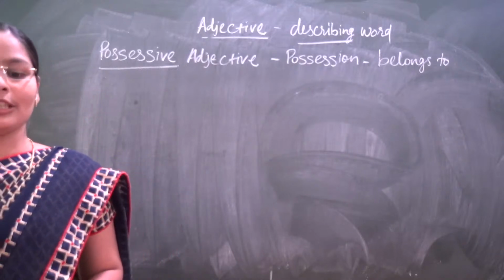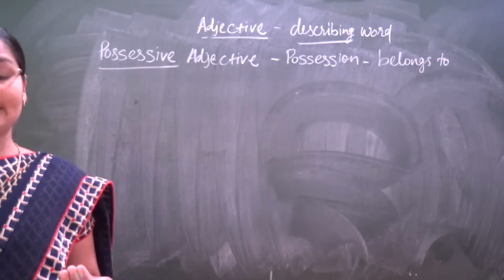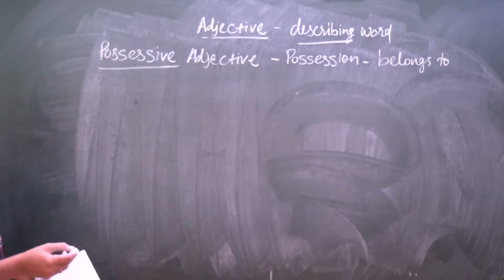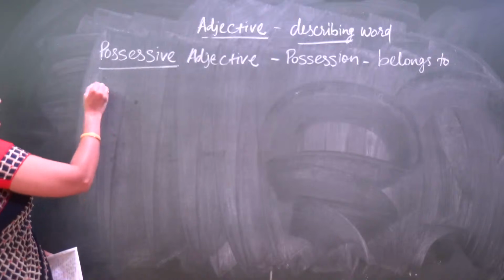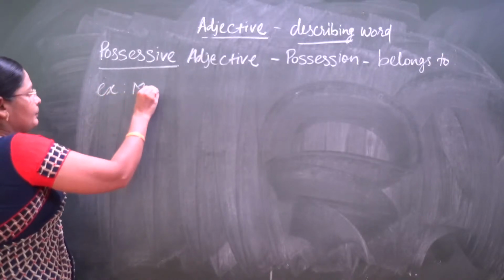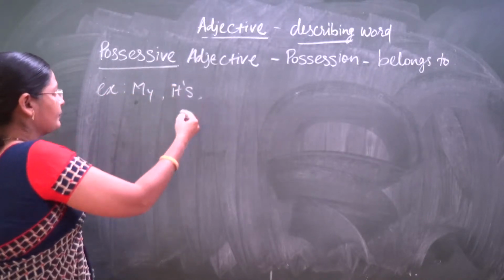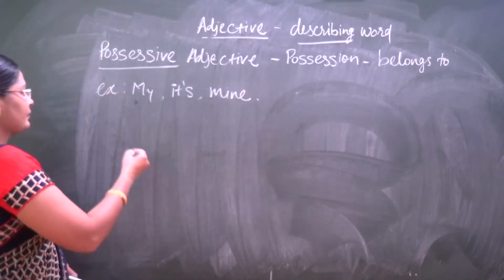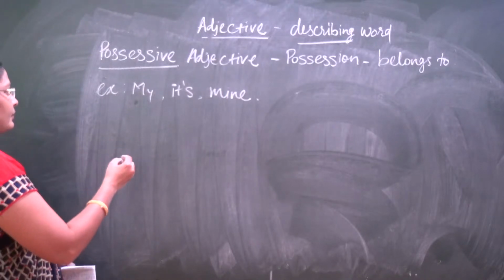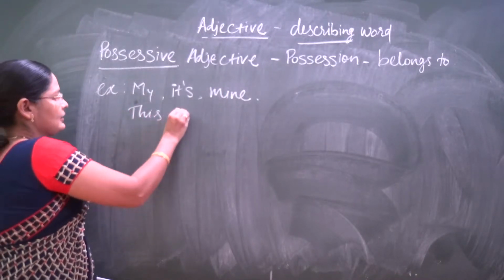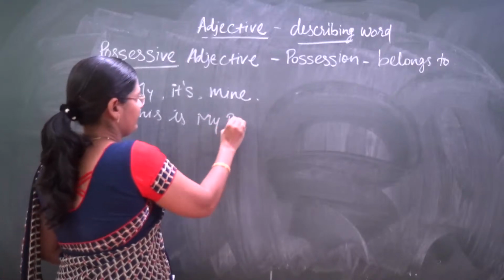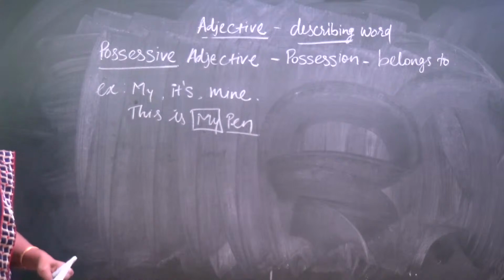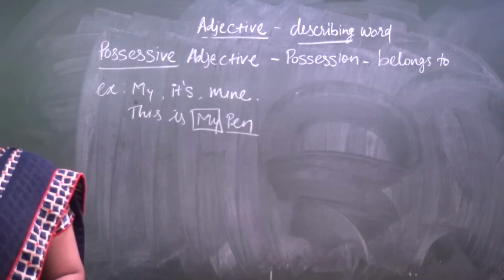Possessive adjective shows the possession. It shows the things belong to the noun, that are called possessive adjectives. For example, my, its, mine. This is my pen. So it's showing the possession of the noun, that it is mine. That is called a possessive adjective.